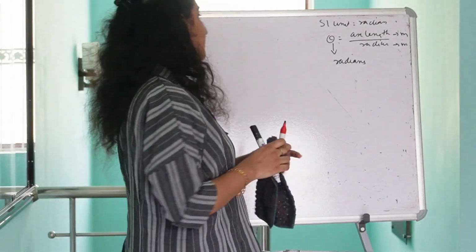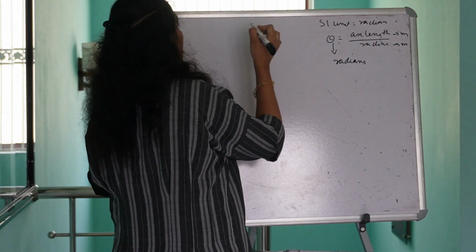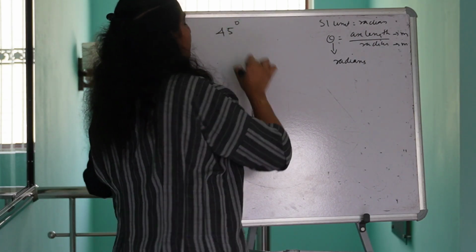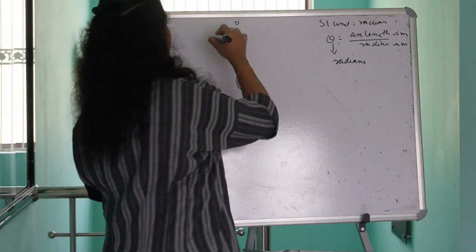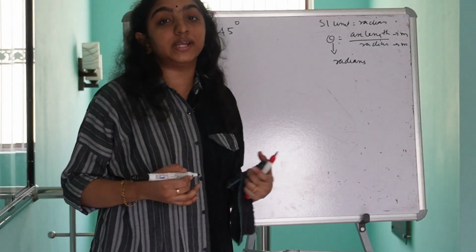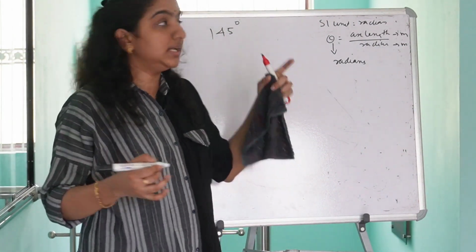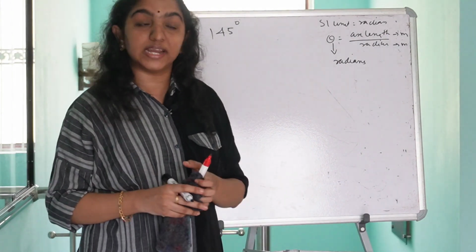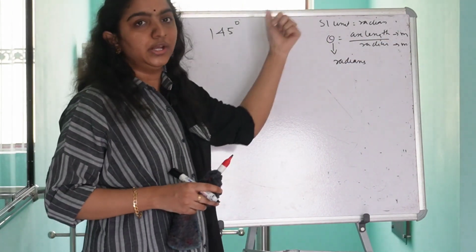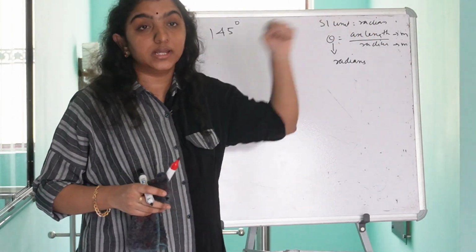So suppose the angular measurement is given in degrees, say for example 145 degree. We have to find this angular measurement in radians, in order to substitute the value of the angle in this equation.